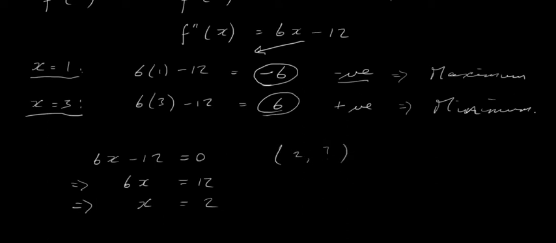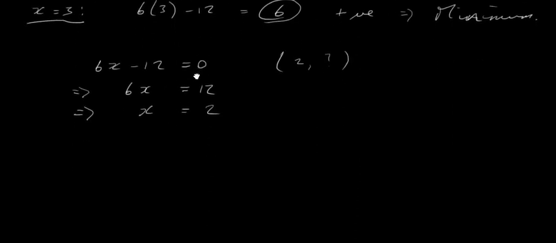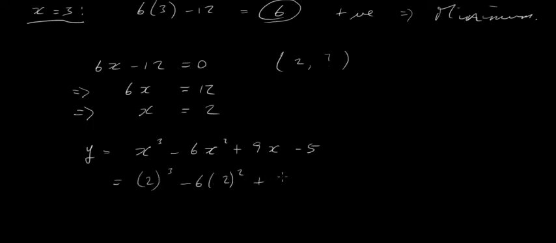I just need to find what y is now. How do I find what y is? I just put it into my original function again. So my original function was y is equal to x cubed, minus 6x squared, plus 9x, and minus 5. So x is 2 now, that will give me 2 cubed, minus 6 times 2 squared, plus 9 times 2, minus 5.